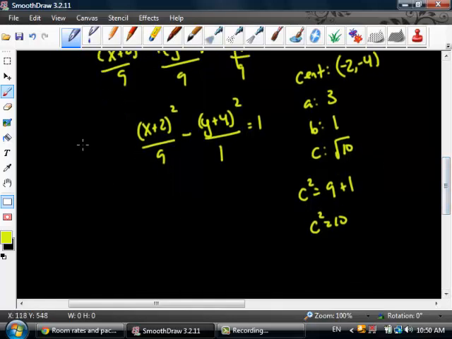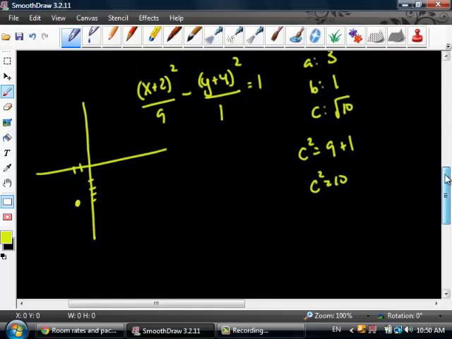Okay, so let's graph this thing. My center is at negative 2, negative 4. Is this a side-to-side hyperbola, or is it a top-to-bottom hyperbola? What do you think? Kirk, what do you think? Side-to-side. It is definitely side-to-side. Good. All right, so we are going 1, 2, 3, side-to-side, 1, 2, 3.